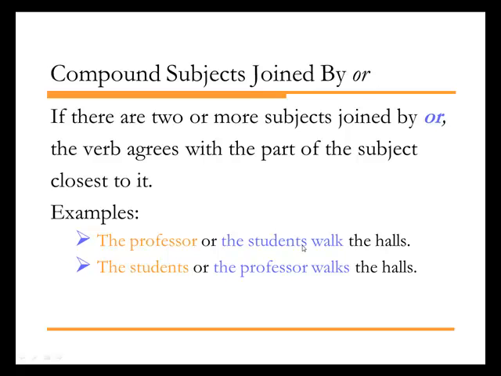Plural subject here, plural verb. Look at this example. Students, professor. These are my subjects, joined by or. Have to make agreement because of the or with the subject closest to the verb. So, singular, singular.